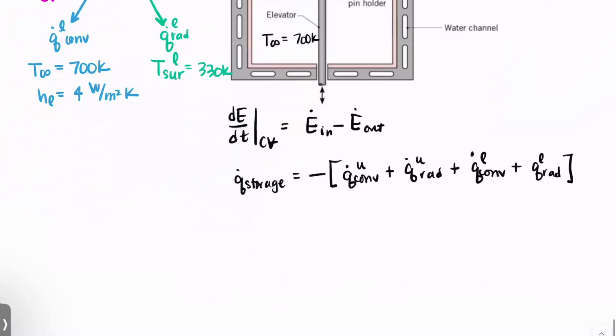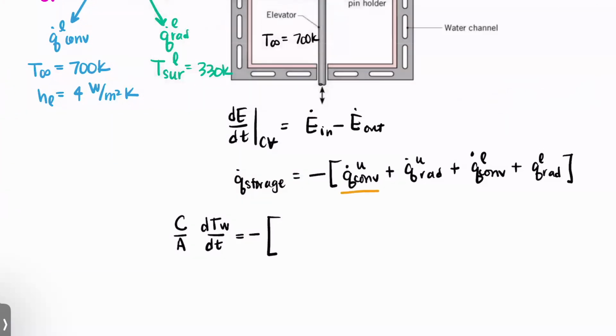Now I'm going to substitute in all of the expressions that we have for these different types of Q dots. So Q dot storage is C over A dTW dt. And then we have minus the quantity of all of these 4 Q dots summed together.